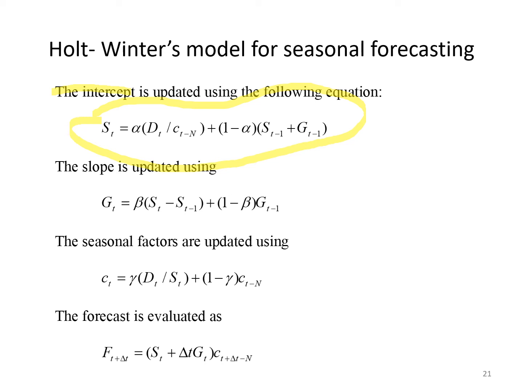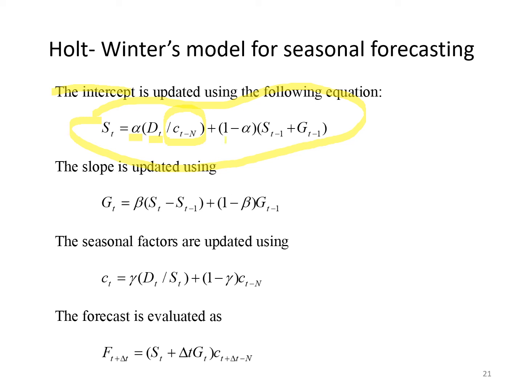You have alpha, which is a factor in the model, multiplied by dt, which is the historical demand information in period t, but now it's divided by this seasonal factor, which of course has to be estimated before using it in this equation.